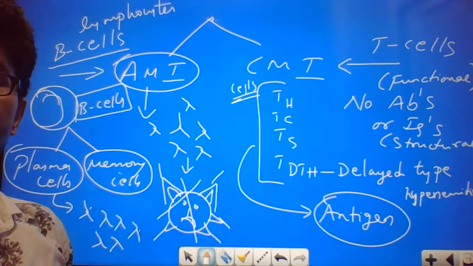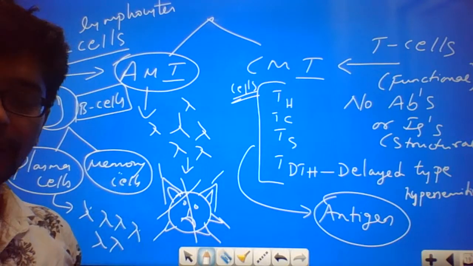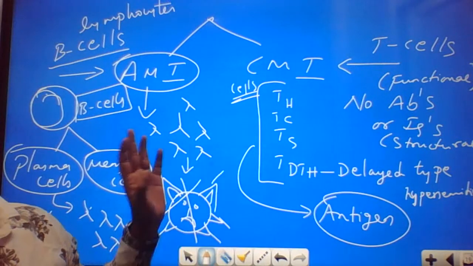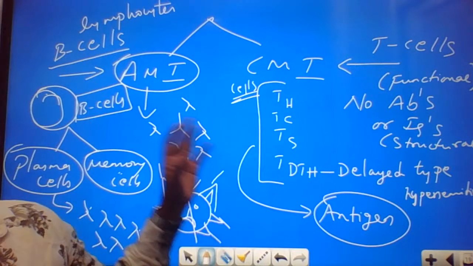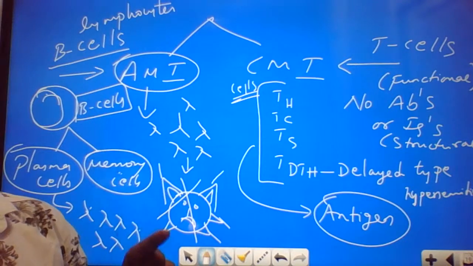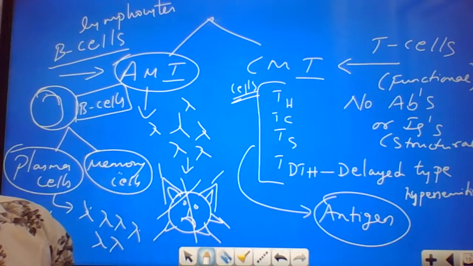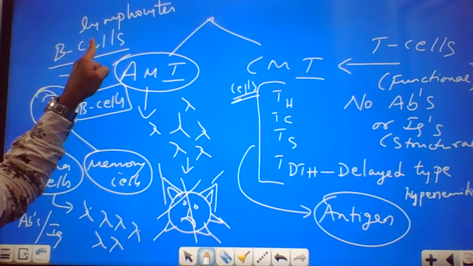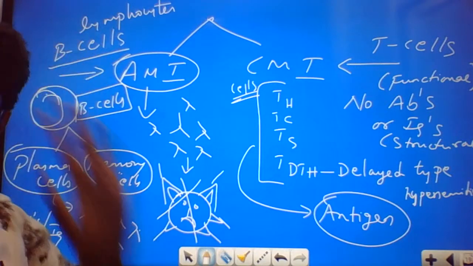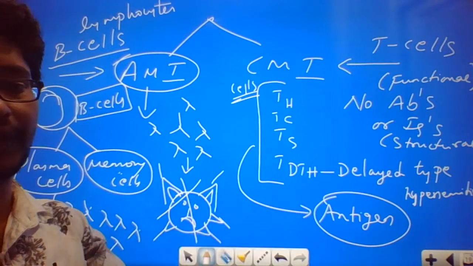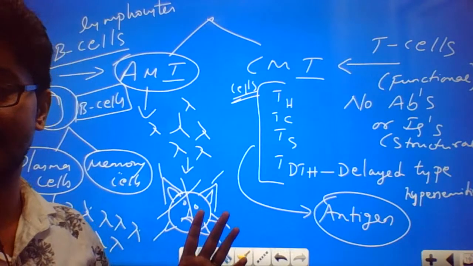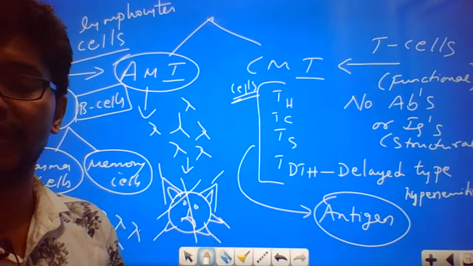The type of cells which are responsible for the production of antibodies. When such questions come, you must be extra cautious. Don't immediately go to lymphocytes; check whether plasma cells are among the options. If plasma cells are given, definitely select plasma cells. If B lymphocytes are given, go with B lymphocytes. If only lymphocytes are given, with no T and no B, then go with lymphocytes. So in this area, read the question properly and answer.